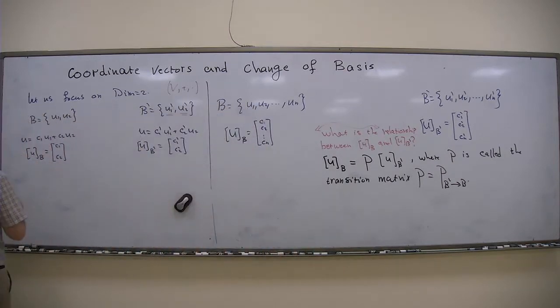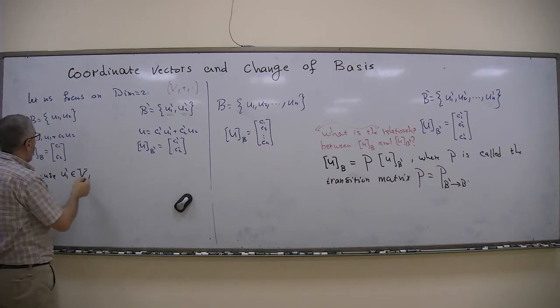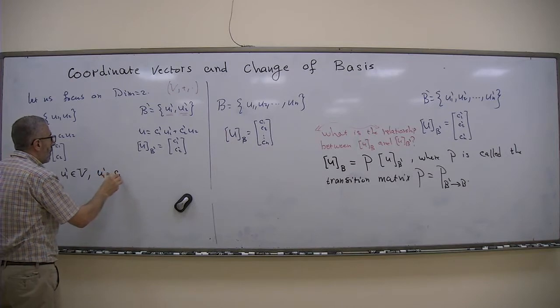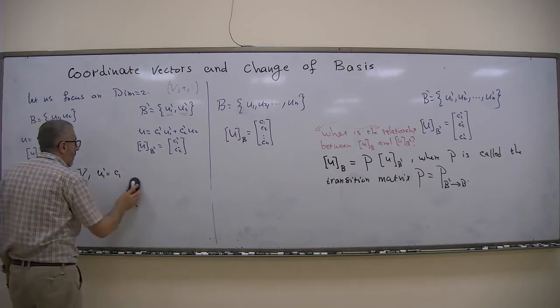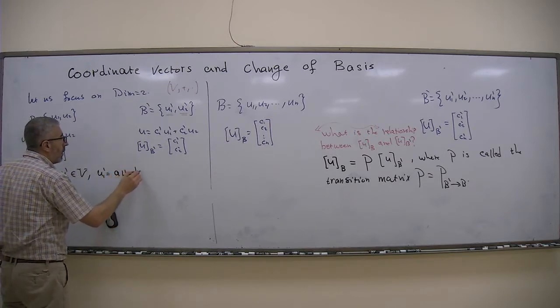Because u1 prime is in my vector space, I can write it as, let me use different constants, a u1 plus b u2.